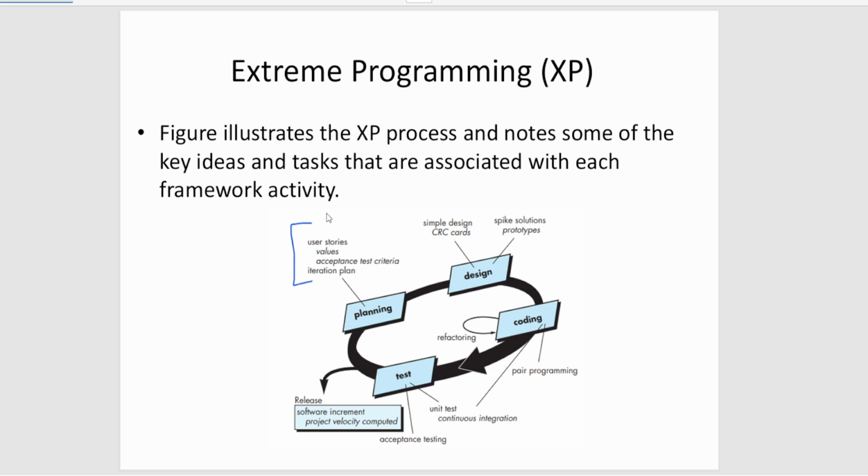The planning starts with something called user stories. The user stories are generally the terms or scenarios narrated by the customer, and each of the company members or development team members has to listen to these user stories. Based on the user stories, you take down certain values.